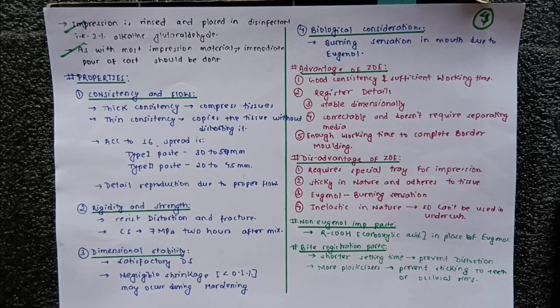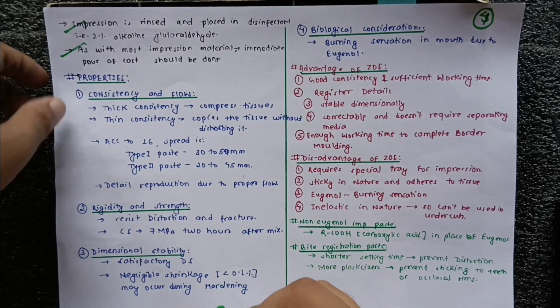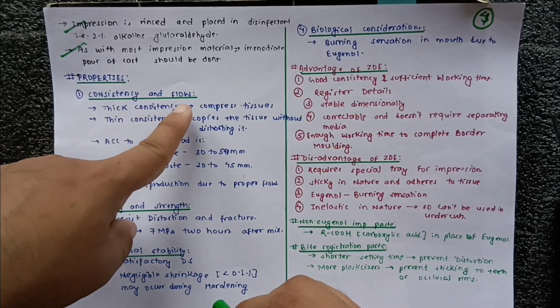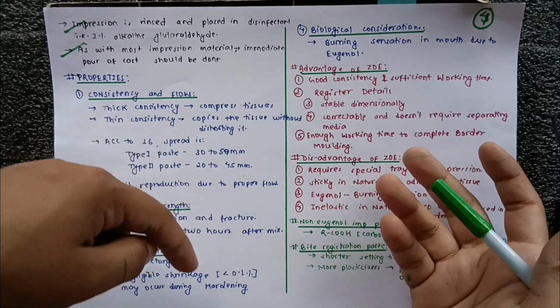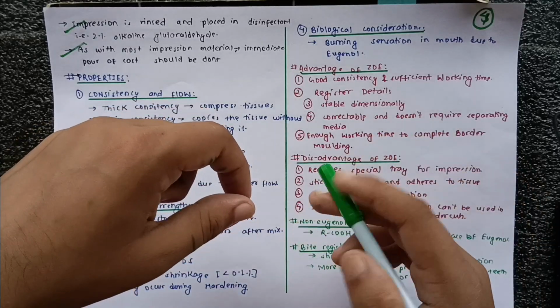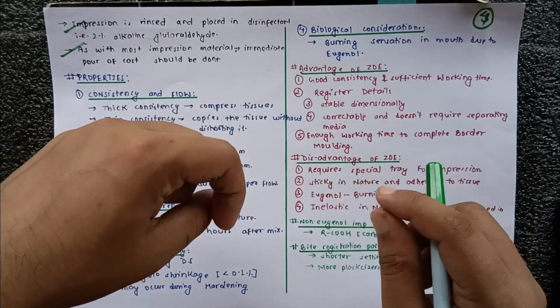After this manipulation we can go to properties, and our first property is consistency and flow. As it is used in a final impression, and the criterion of the final impression is that it should have the proper details.